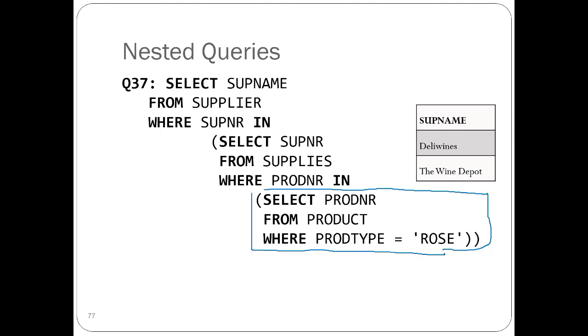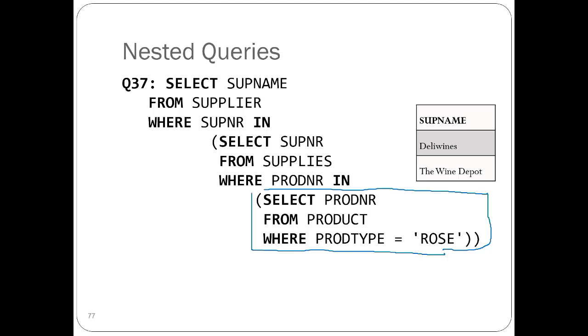So here it was a list, here it is a list, and in the outermost query we want the supplier name. We look at one tuple at a time and check whether the supplier number of this tuple is one that we obtained in the inner query. Is that making sense? We want the name of the supplier who is supplying the product of type rows.